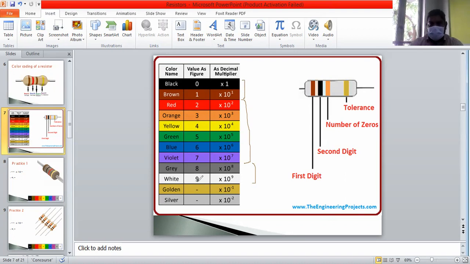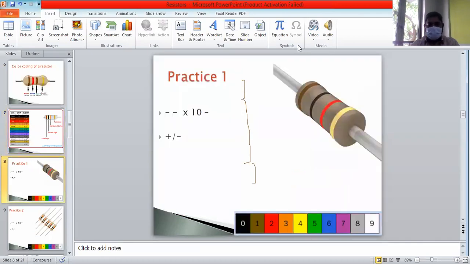If I apply this, let me look at an example. If I move to the next slide, I can use this one. A resistor with 4 colors. I have arranged a smaller colored table here also.